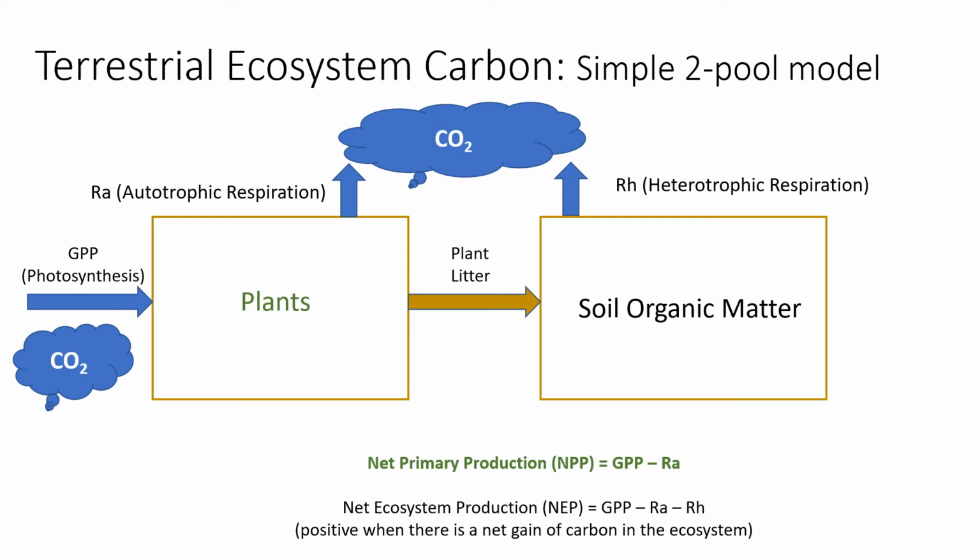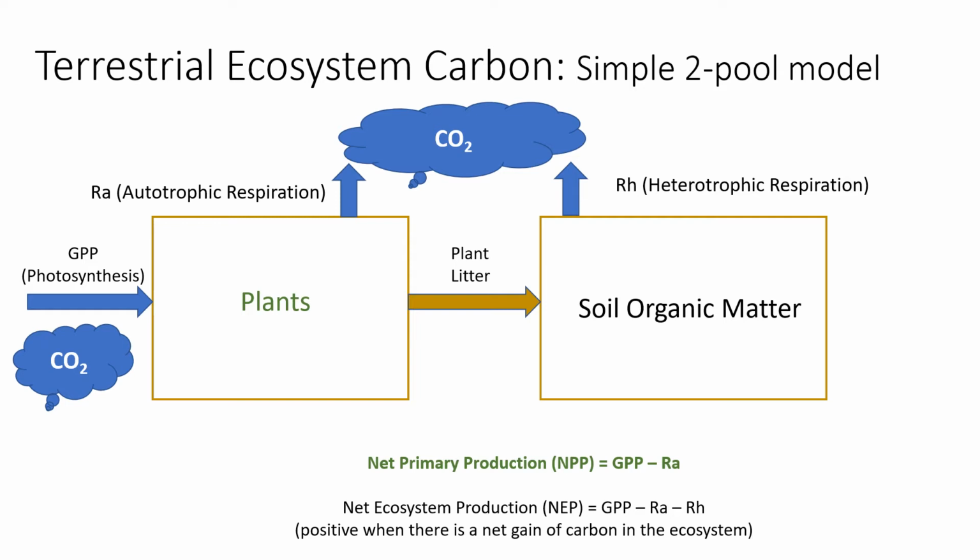In the case of the plant on the left side, this simple ecosystem model has a carbon pool for plants, just representing all the plants in the ecosystem and all the parts of the plant as one big carbon pool. And then the carbon that goes into the plants is GPP, and carbon lost by the plants is autotrophic respiration.